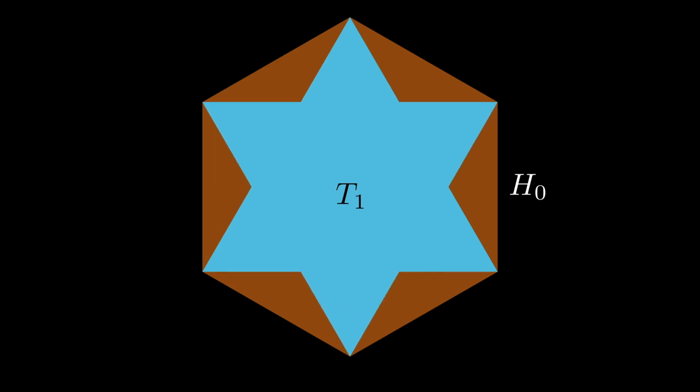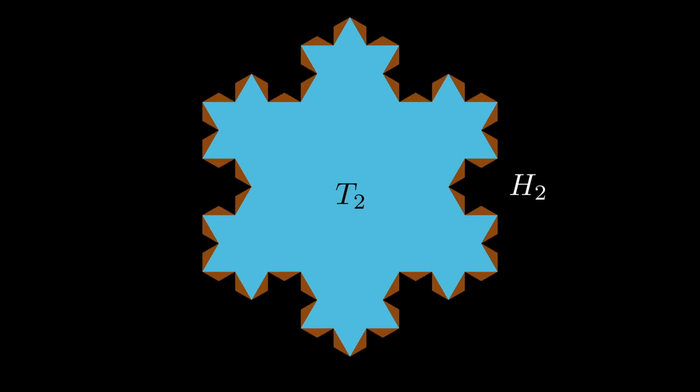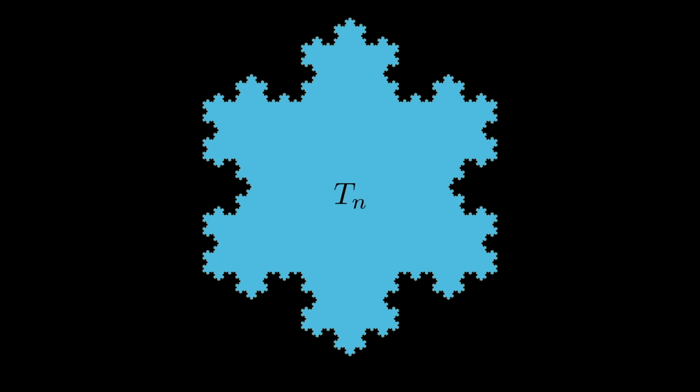As n increases, each iteration in the construction of the approximations Tn and Hn will correspond to another step in a Trema removal from the brown isosceles triangles. So as the Tn blue region expands outward in constructing the filled snowflake, the brown regions will shrink inward and converge to the snowflake curve as n goes to infinity, thereby becoming the boundary for the snowflake.